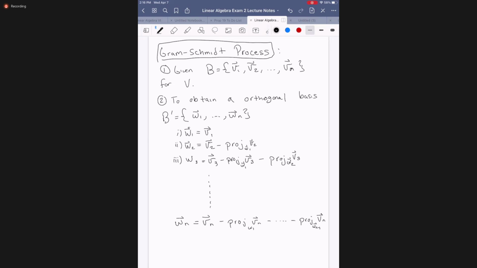It makes B prime an orthogonal basis for B. You can actually check it: you just take the inner product of any two, and it would be 0. Okay, but if I'm looking for an orthonormal basis, what else do I have to do?